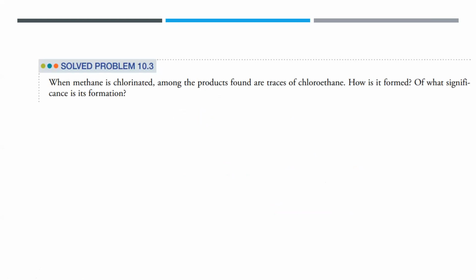So a question: when methane is chlorinated, among the products found are traces of chloroethane. How is it formed?